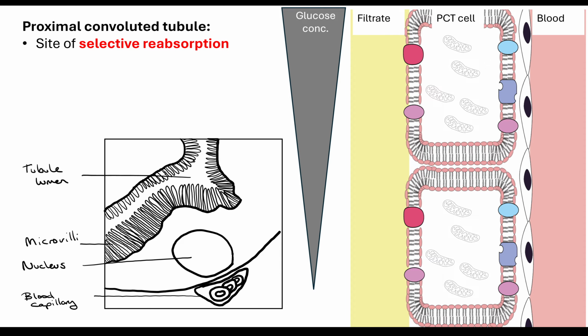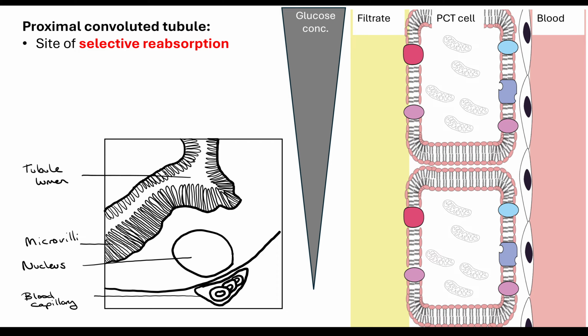Now remember, ultrafiltration meant that all the small molecules inside our blood plasma, due to the high hydrostatic pressure, were squeezed and forced out of the plasma into the glomerular filtrate. So if we look at our nephric filtrate, what we can see is at the Bowman's capsule, 100% of the glucose has been moved across and squeezed into this nephric filtrate.